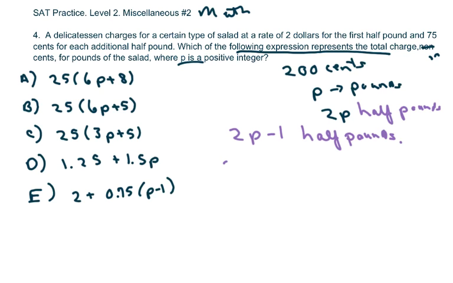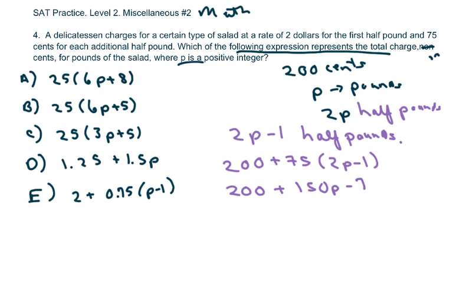So we have 200 plus 75 times (2p minus 1), which is 200 plus 150p minus 75, which gives you 125 plus 150p.